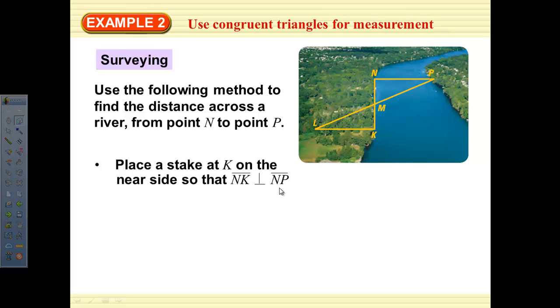So what you do is you put a stake right here so that NK is going to be perpendicular to NP, and then you find the midpoint between N and K, which is M. Then you walk so that we form another 90-degree angle here from K to L, and you want L to line up with M and P, so all three are lined up.